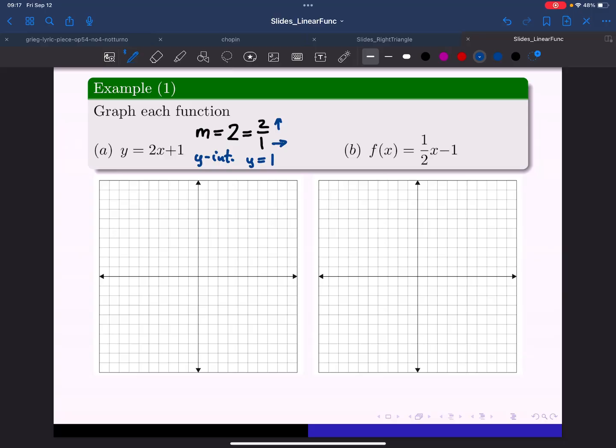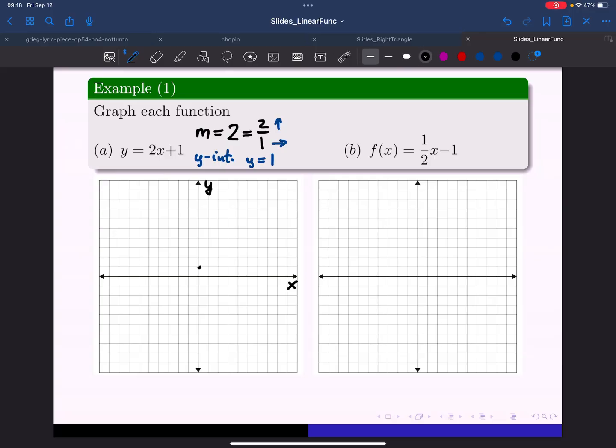To graph it, we can either make a table or we can use the y-intercept and slope. So we're going to start on the y-axis at 1. We know that this is my x-axis, this is my y-axis. To identify y is equal to 1, on the y-axis we need to mark where the 1 is.